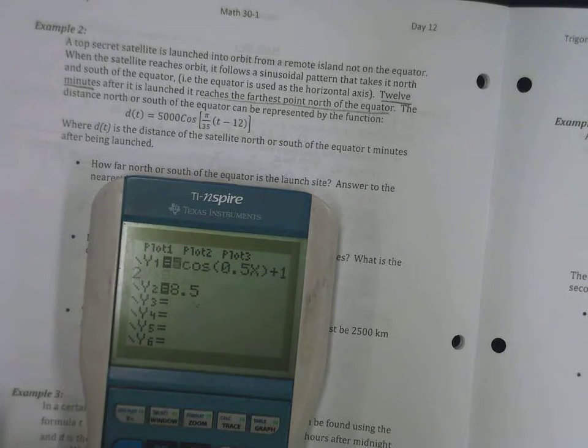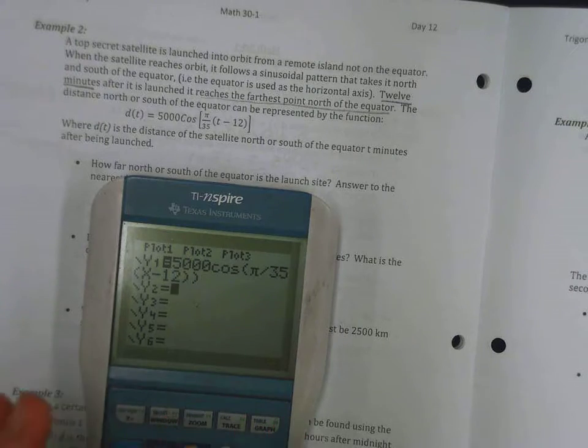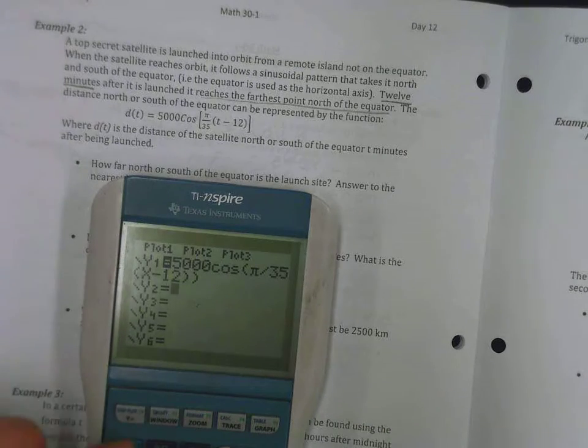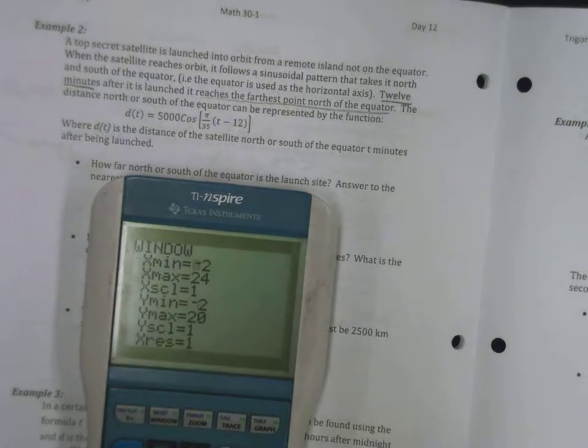So I'm going to put this in my calculator. Pi over 35 x minus 12. Okay, so now I'm going to think about my windows. Okay, t is in minutes. So when I think about my windows, let's try 60 minutes, see what that does.